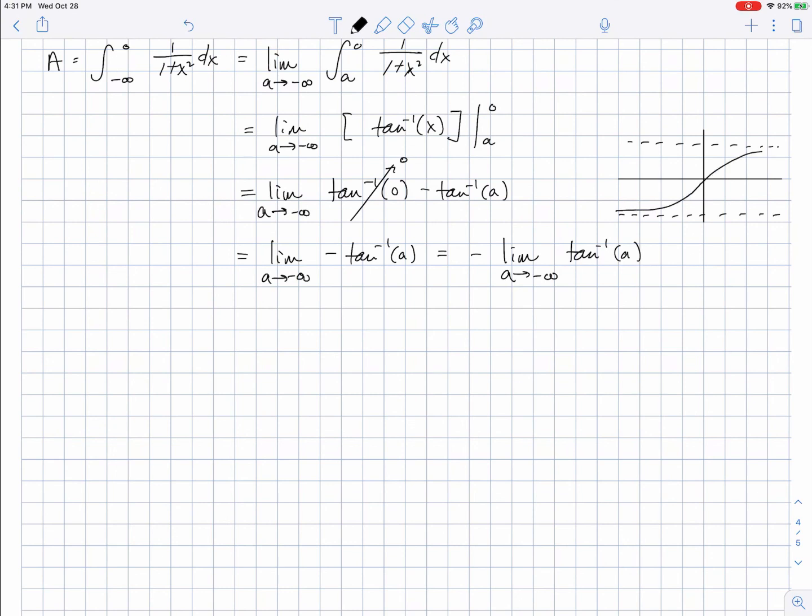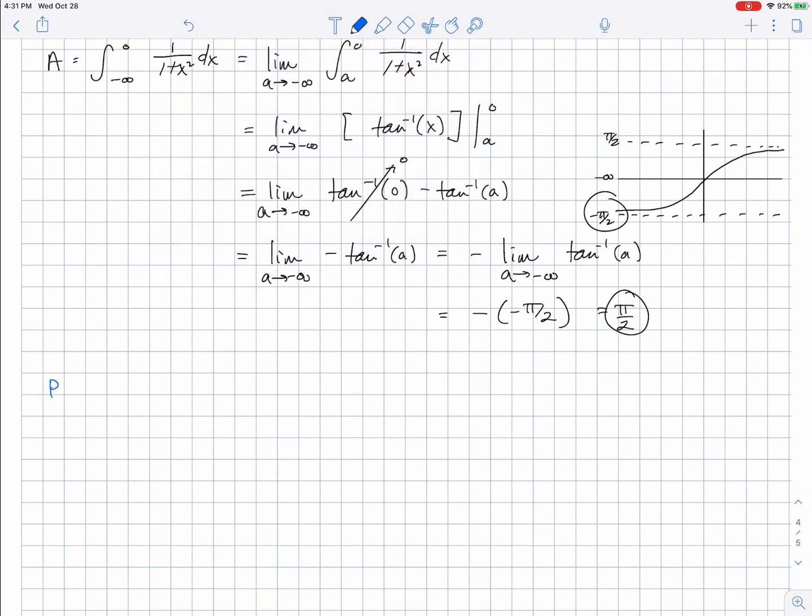The arctangent function looks like this, and it's trapped between horizontal asymptotes at negative pi over 2 and pi over 2. And so as you tend towards negative infinity, the limit of the arctangent is negative pi over 2. So this is equal to the negative of negative pi over 2, which is pi over 2.